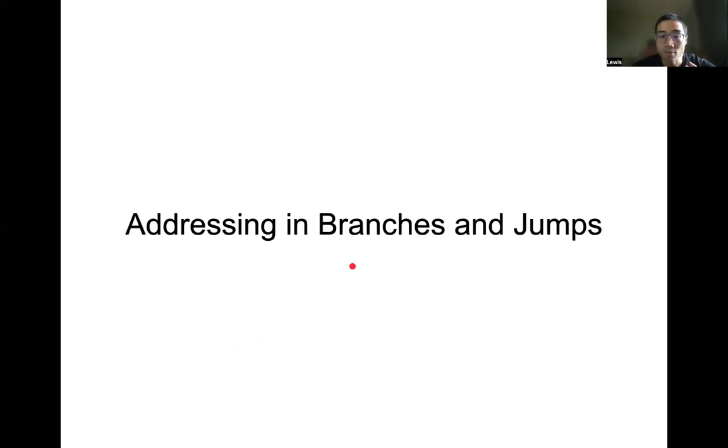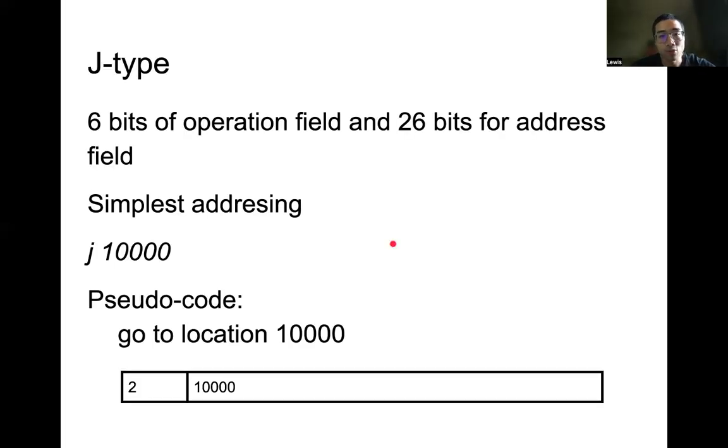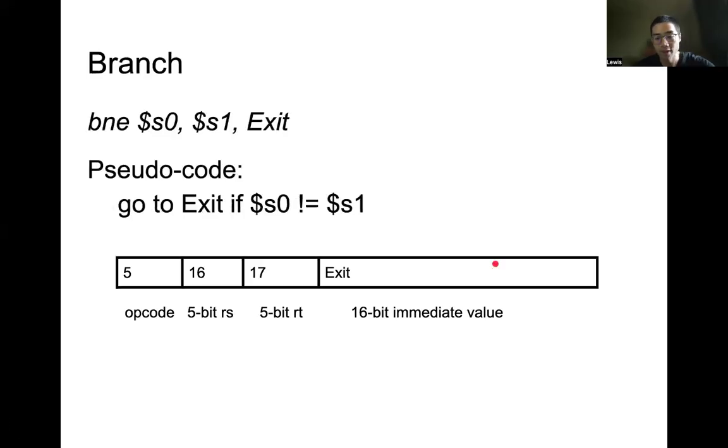Now let's look in more detail at how we represent addresses when we do branches and when we do jumps. Remember J-type: it's like this, and then your machine code has the operation code, which is 2, and then your address, very simple. If you do a branch, here's the example of BNE S0 S1 exit.